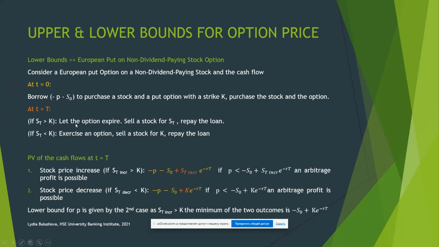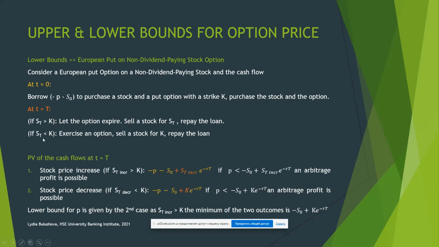So we let the option expire. We sell the stock that we have purchased at time t equals 0 at the beginning, and we repay the loan.